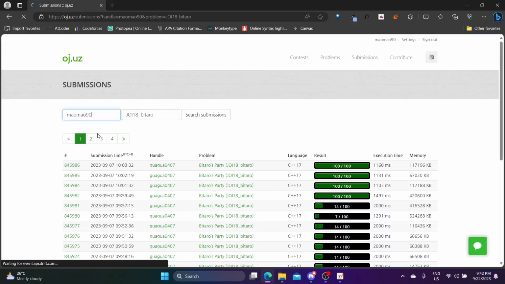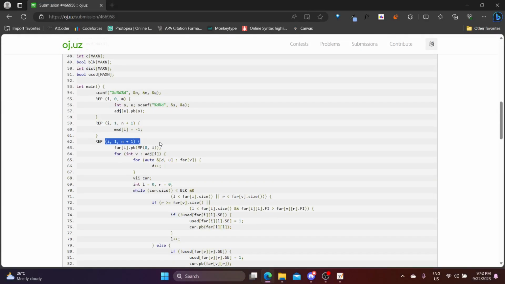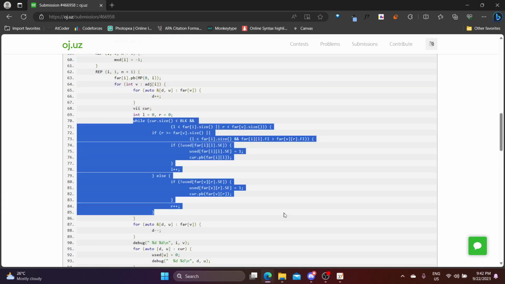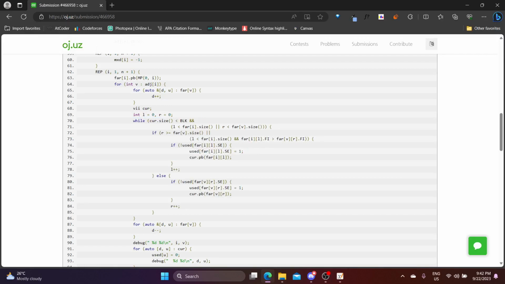Can you see my code here? So for the first part, we are doing the pre-computation of the square root n longest paths. The part that I'm doing here is like the merging part of merge sort, because we have two sorted lists and we want to merge them into one big sorted list.